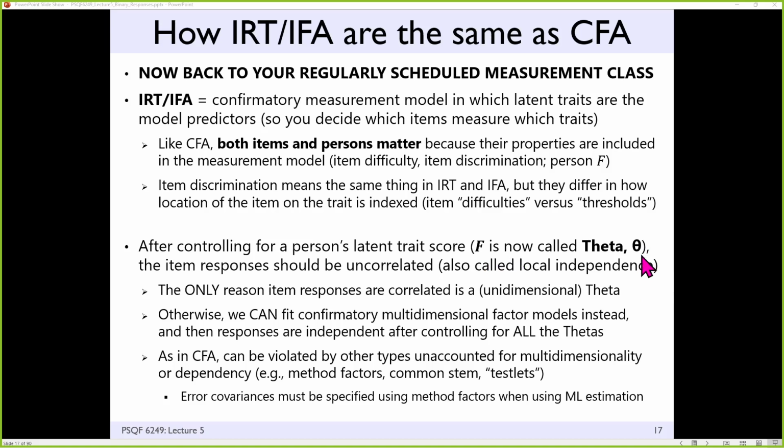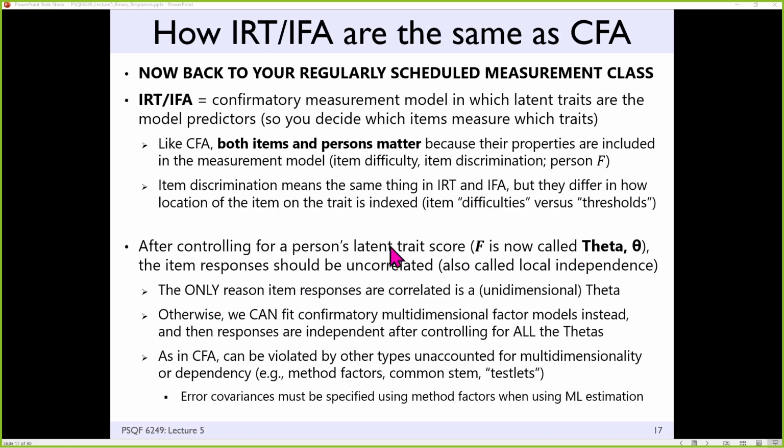Because once upon a time, the people who made these models picked that letter, and everyone else just fell in line. It's one of the few things that people agree on in notation. Have you ever heard anything else besides this for a latent trait in an IRT context? I've never seen it. It's theta. So it's this one right here. So it's F has left the building. It's theta now, but it's the same thing.